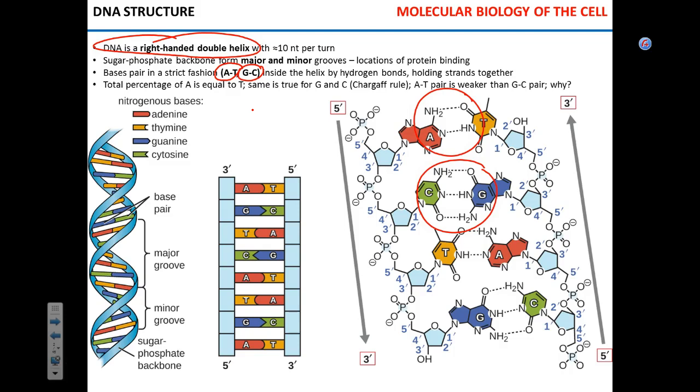It turns out that weaker pairs will be found in the parts of DNA that are more amenable for unzipping. You understand what I'm trying to say? So if you have a lot of AT pairs, you can easily separate the strands. If you have a lot of GCs, they're going to stick together much better.